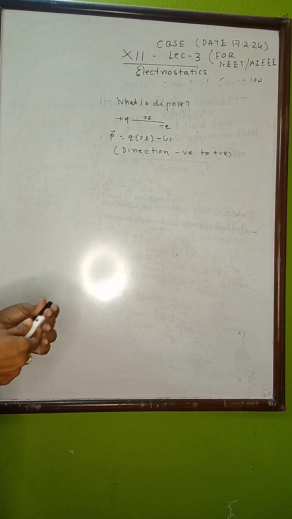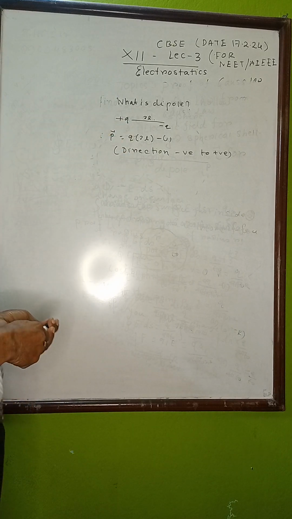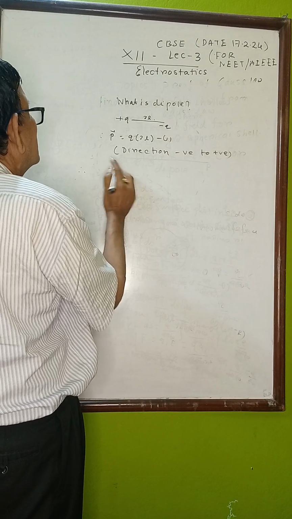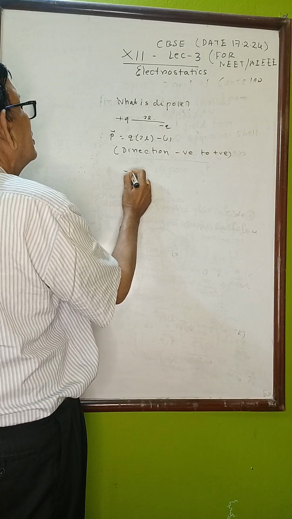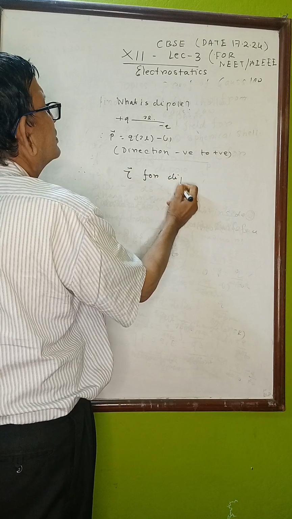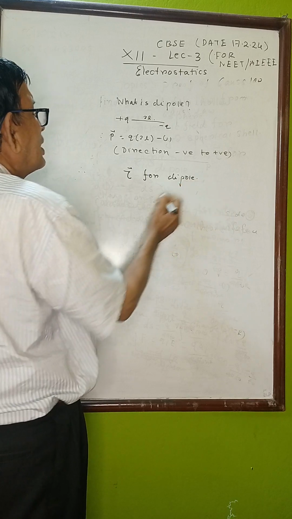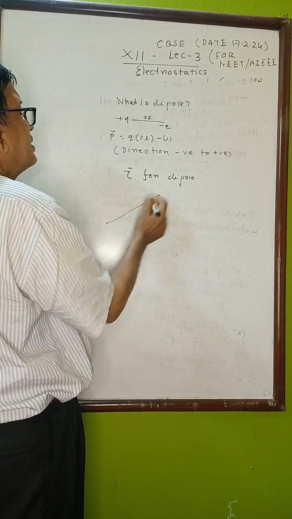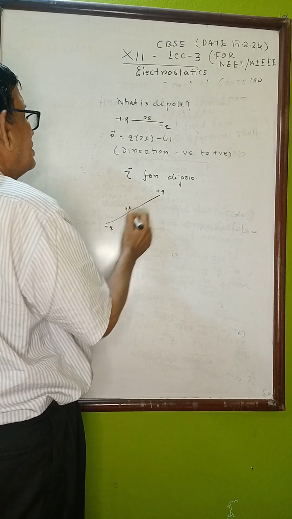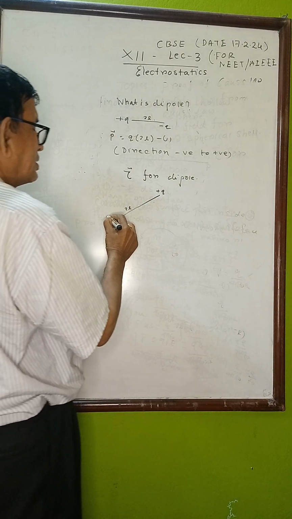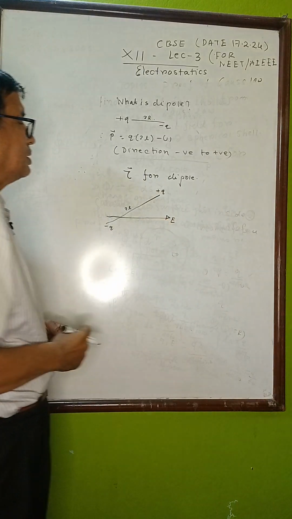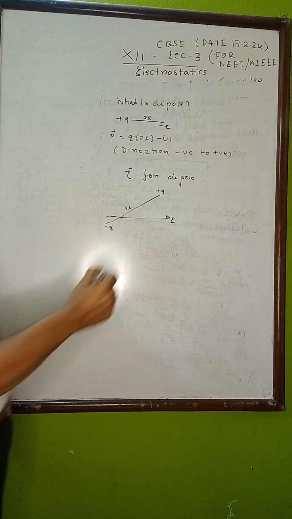Now we have seen what a dipole is. Now I am calculating the torque for a dipole. Now a dipole is placed with a plus charge and a minus charge, separated by 2L. This dipole is placed in an electric field E. Now two forces will act.